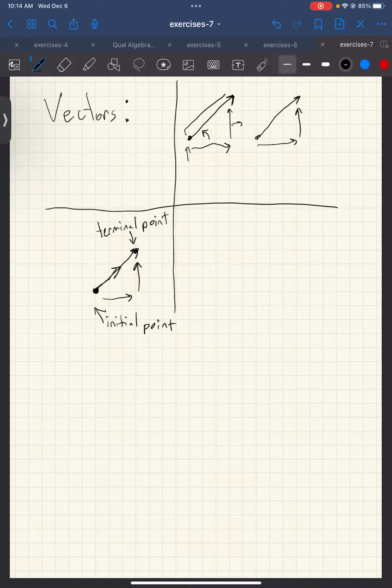So for the one that I've drawn here, this would be the initial point. And then we have to move the same amount, over 3, up 3, to this terminal point. And again, this is the same vector. It's just about where it sits that we start talking about the initial and terminal points.